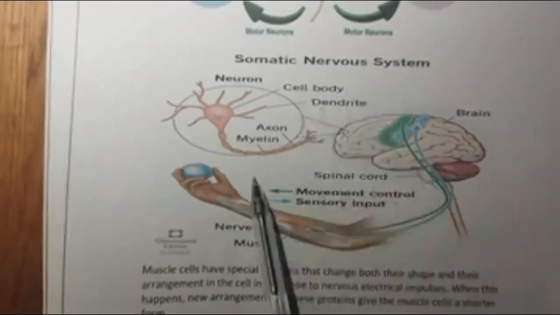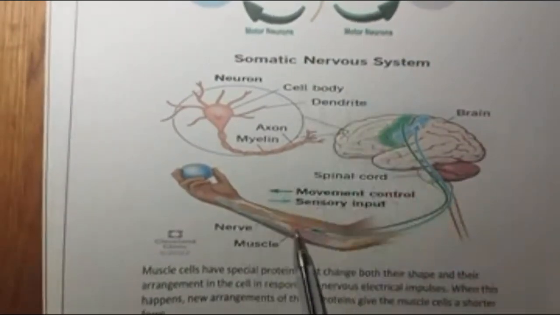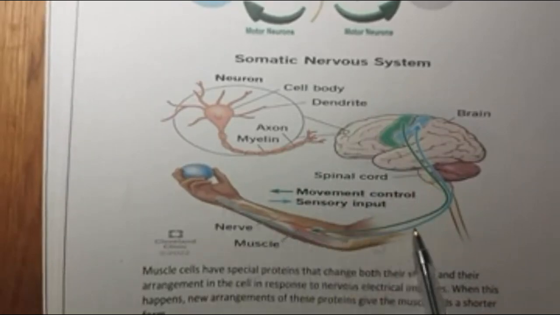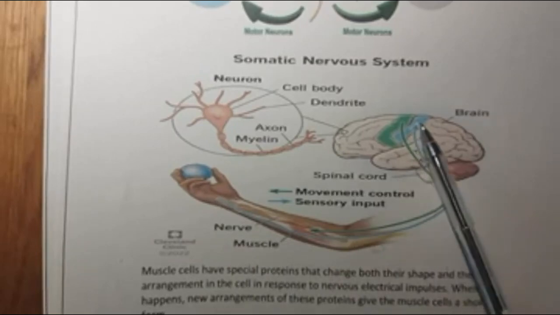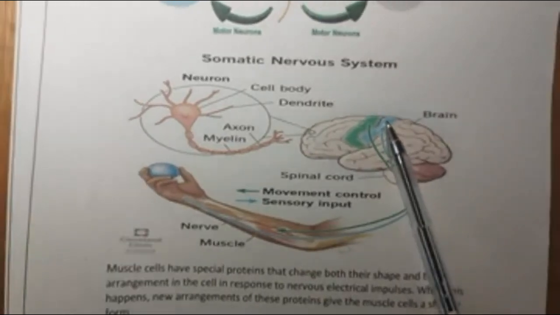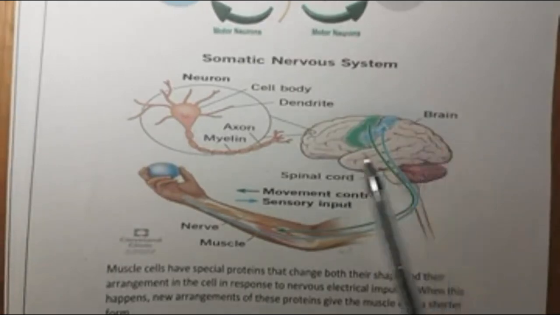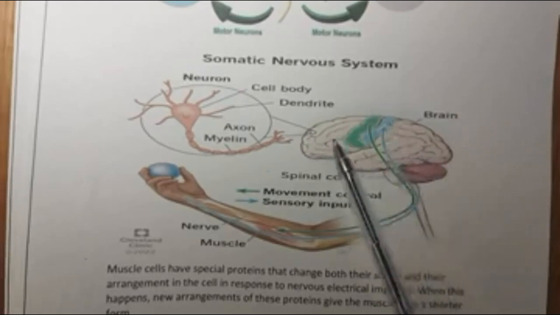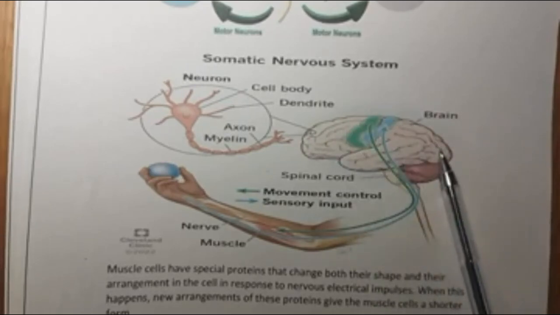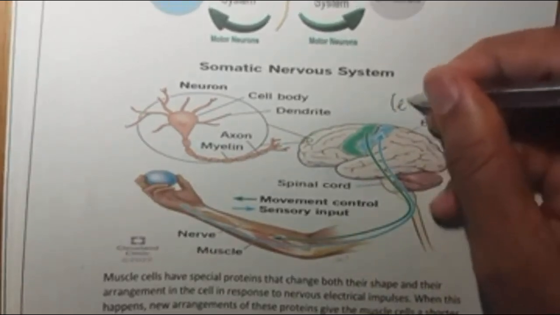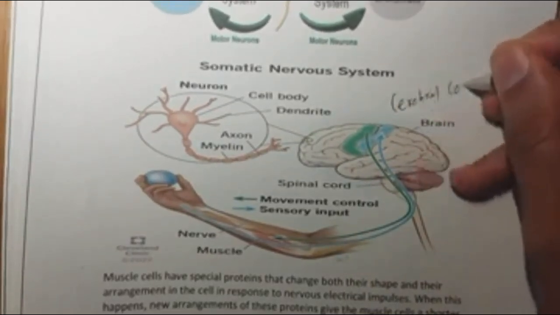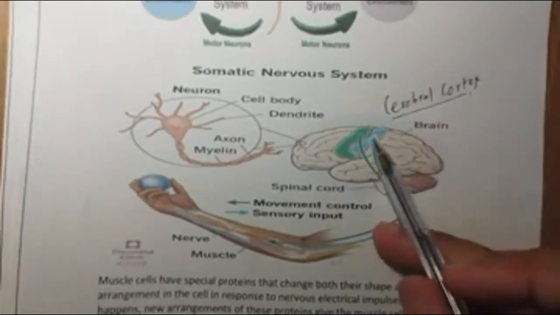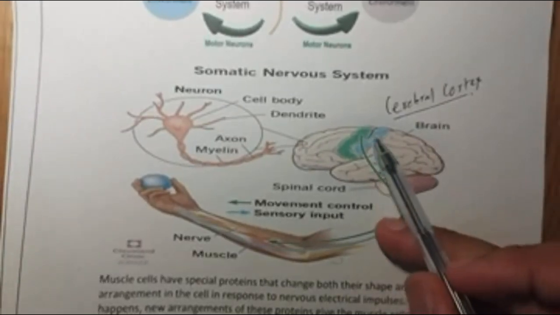Now, in the somatic nervous system, as you can see, the information is conducted from the periphery by the nerve to the brain. The part of the brain that receives information is the cerebral cortex. Okay, I've told you this is a forebrain. It is also called the cerebrum, and the cortex is the outermost layer of the cerebrum. So it is also called the cerebral cortex. That's the extra information for you. Now it does processing of this information.